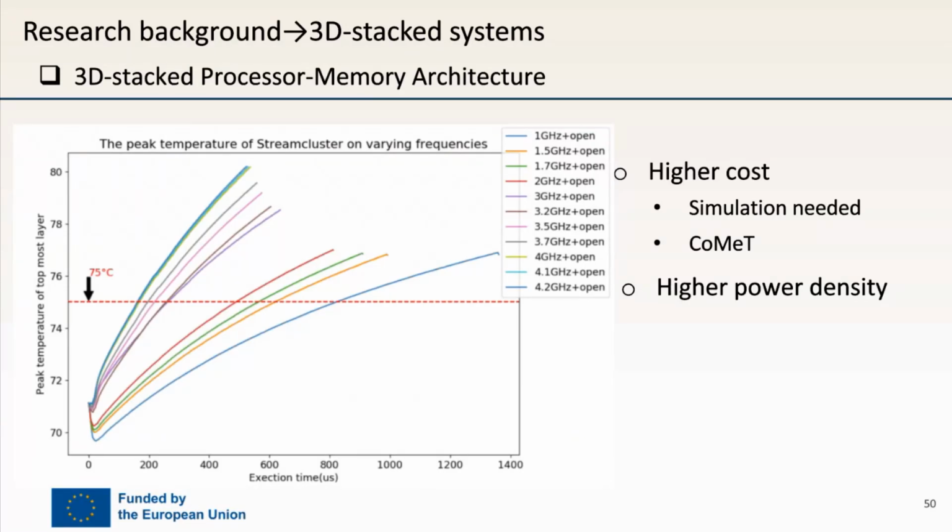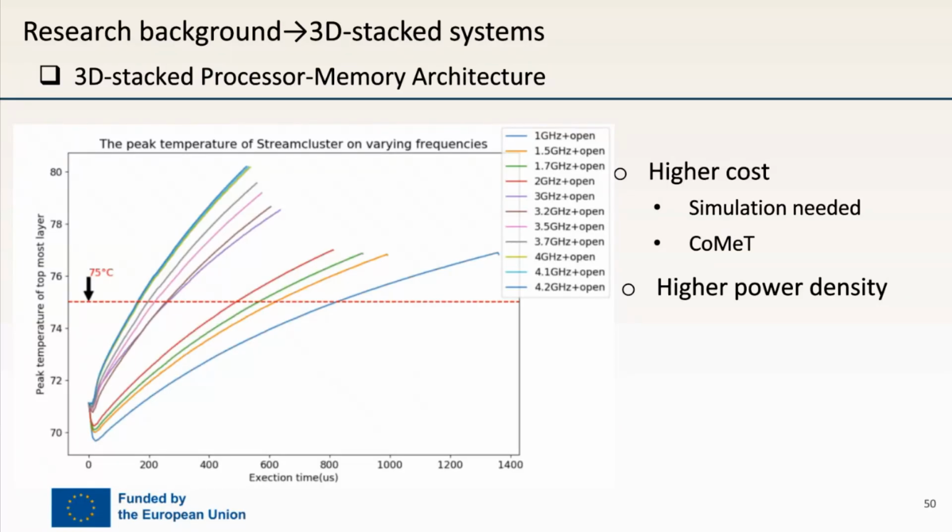In 2D architecture, DVFS, dynamic voltage frequency scaling, is typically used to regulate the frequency and voltage of cores. However, this approach is insufficient for 3D stacked architecture. For example, when we run a benchmark called streamcluster at different constrained frequencies, even at 1 gigahertz, the peak temperature will exceed the thermal threshold of 75 degrees Celsius.